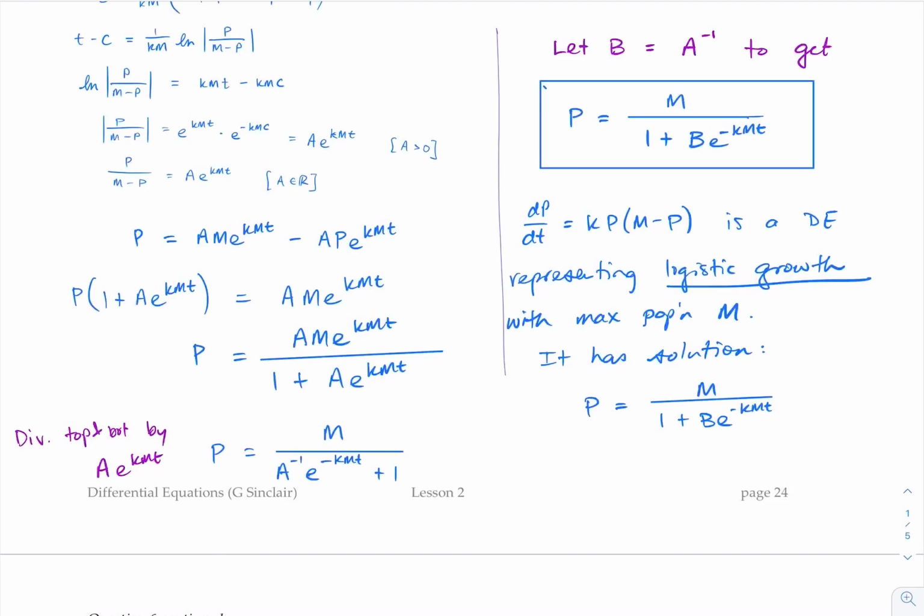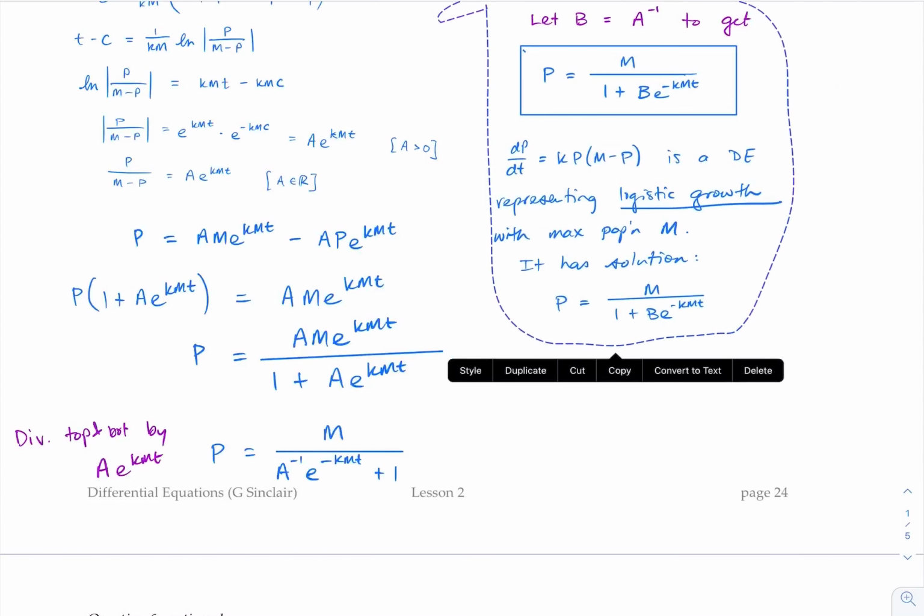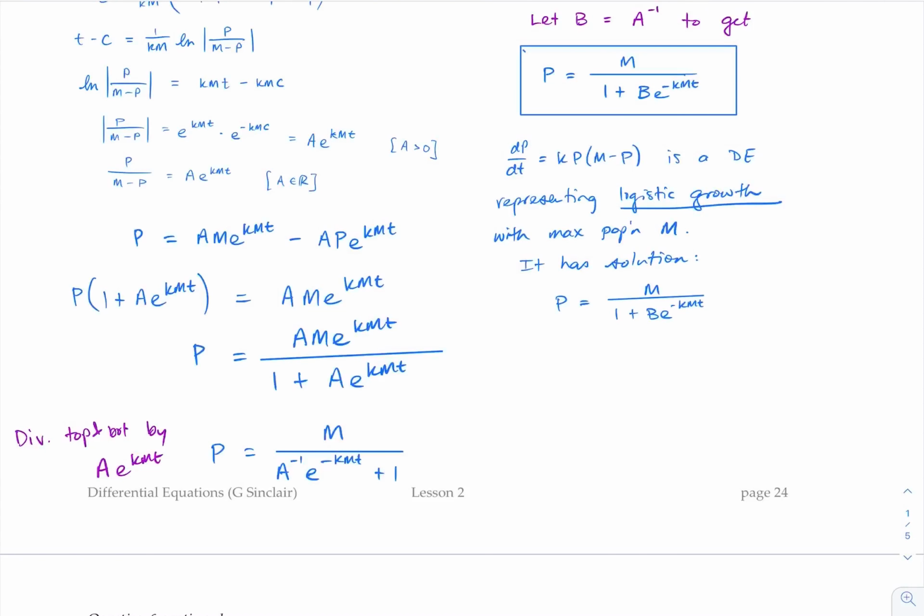What are all these letters? Well, so P equals population, M equals max population, b equals a constant to fit the given data. Like if you're given some initial data, then you're just going to have to work out what b is.